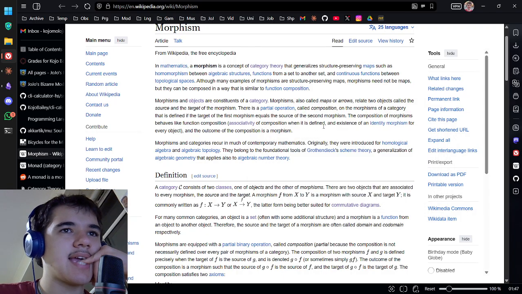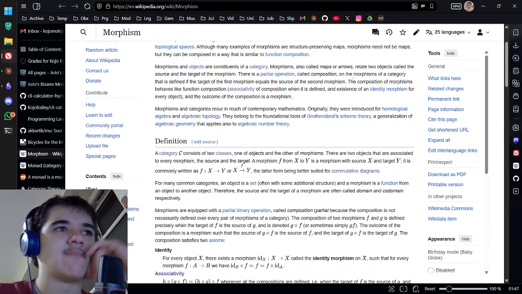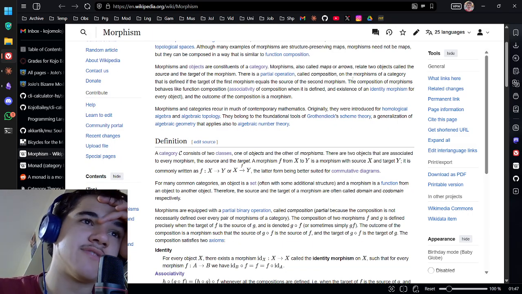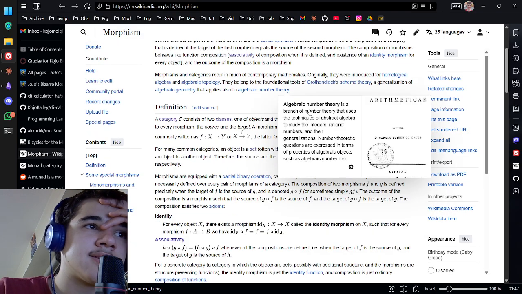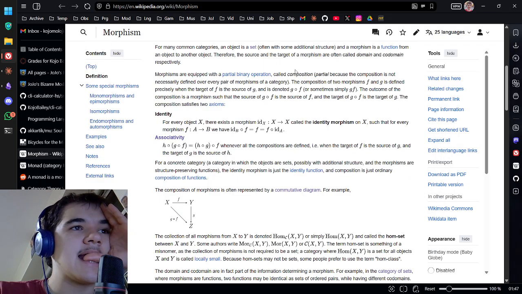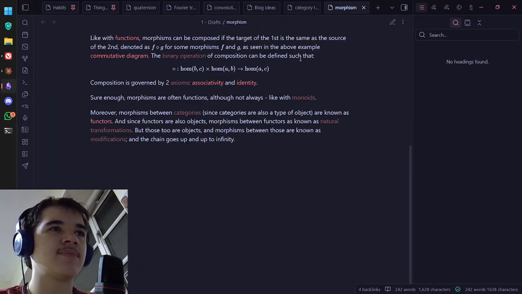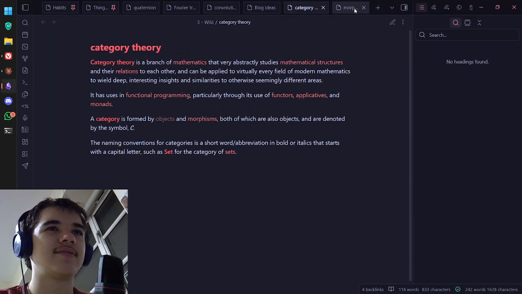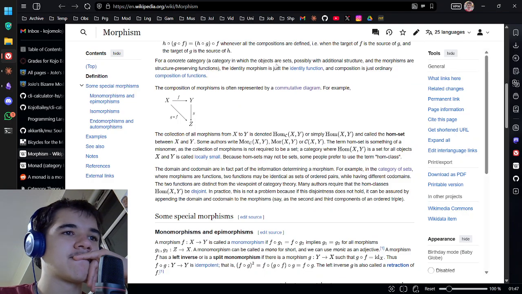Okay. Morphisms and categories occur in much of contemporary mathematics. Yeah, topology, bro. God, it's so much. A category C consists of two classes. I find it very interesting that I've written so much about morphisms and it already applies to categories. It's kind of freaky. Okay.